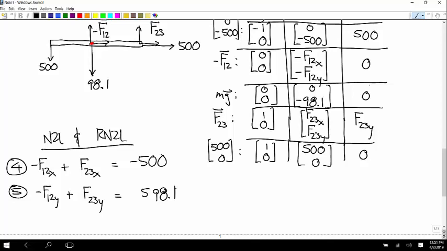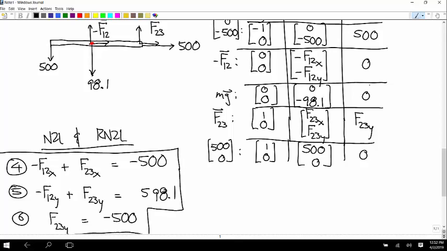Like I said, feel free to write out Newton's law and the moment equation. It just saves a little writing when you eventually have done enough of these that you're tired of writing all that. And then the sixth equation, we have 500 plus F23y is equal to 0. So F23y is equal to negative 500. Okay, so now we have 6 equations and variables.